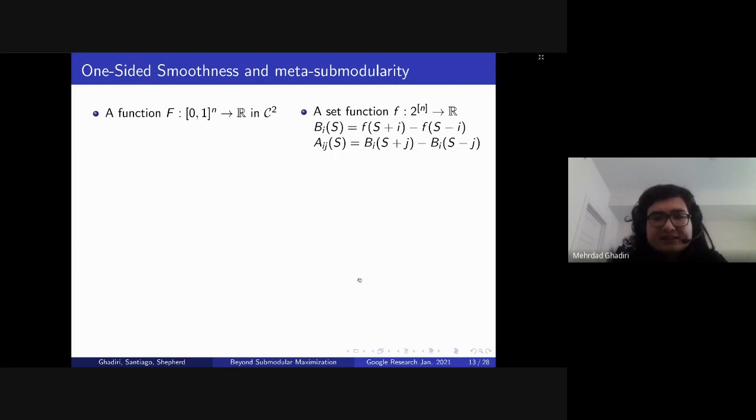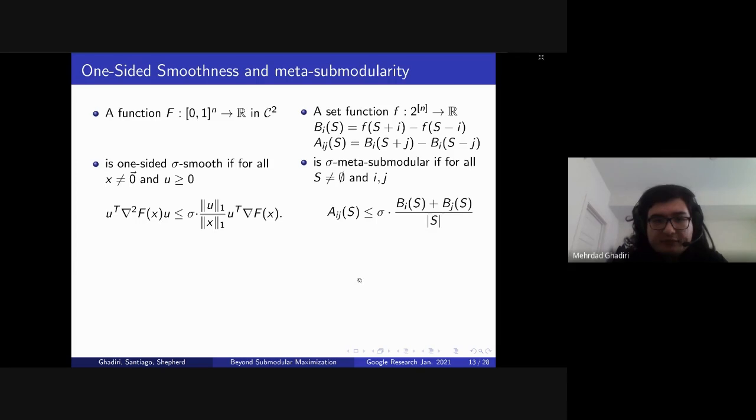So yeah, using these definitions, we can give our discrete and continuous definitions. I'm giving these definitions at the same time, so one can see the similarity between them.